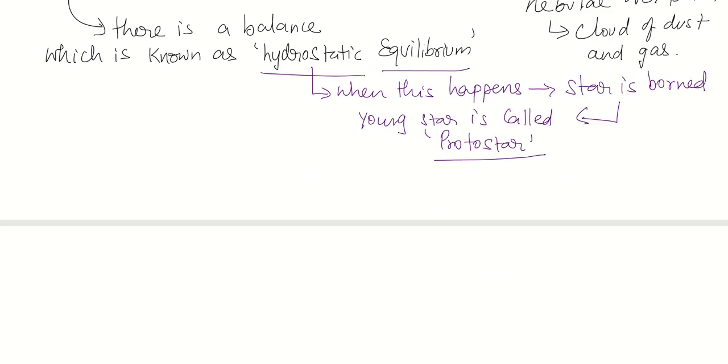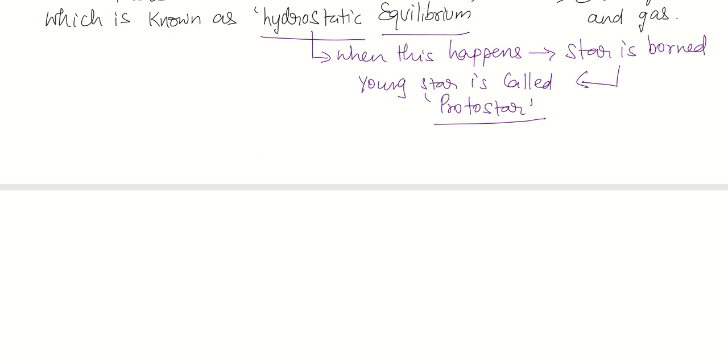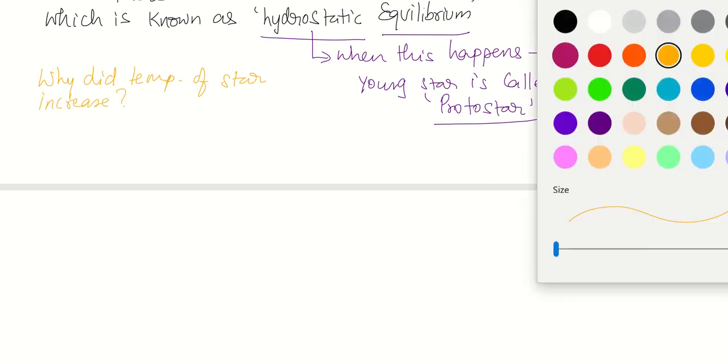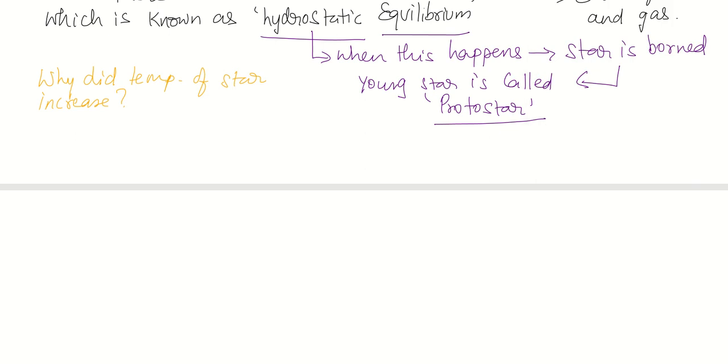So we can ask a question here actually. The question you can raise here is, why did the temperature of a star increase? You know, and that answer can be given as something like this. So, as gravity pulled objects closer, by objects here you mean hydrogen and other, okay?